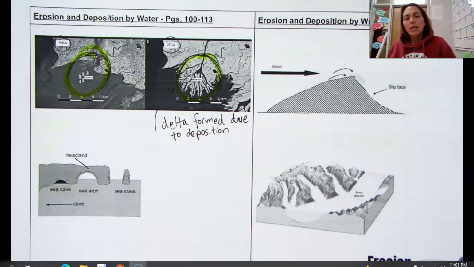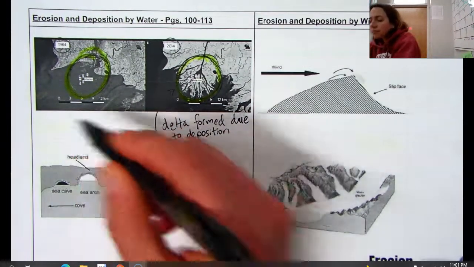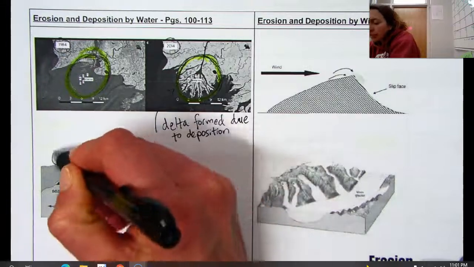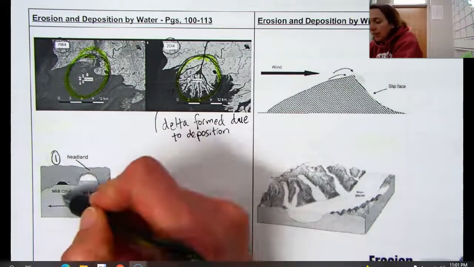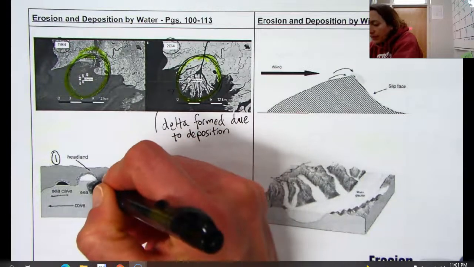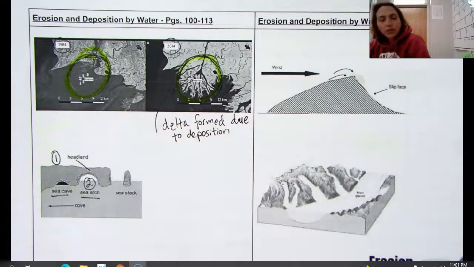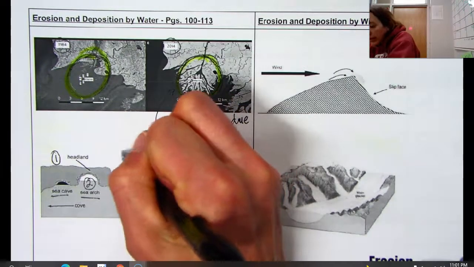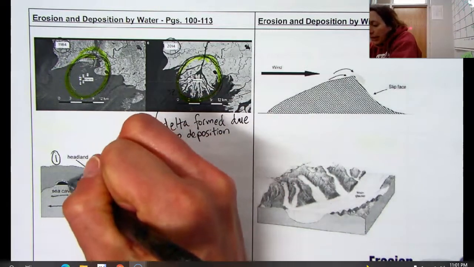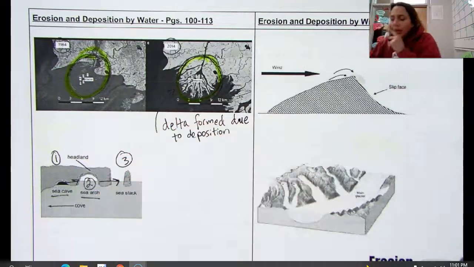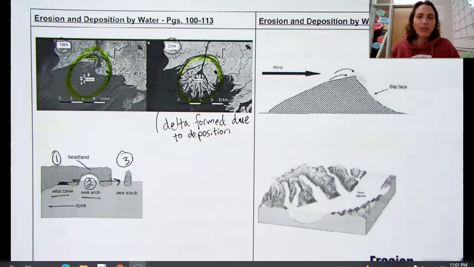Let's move on, though. This right here, I'm going to label sea cave as number 1, sea arch as number 2, and sea stack as number 3. What you have here are these beautiful formations that you don't see in Ohio. This is an example of classic water erosion.